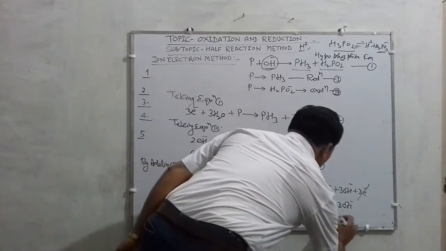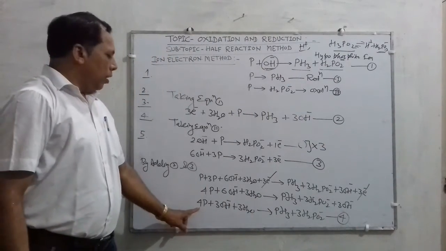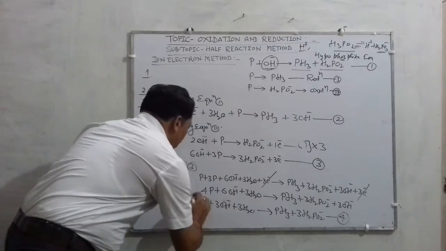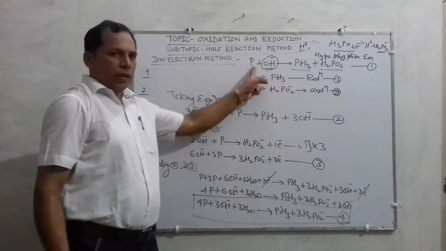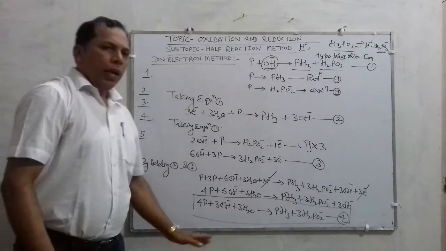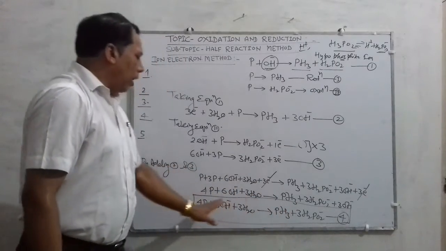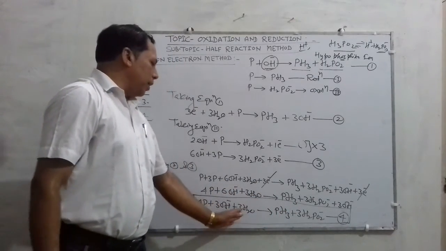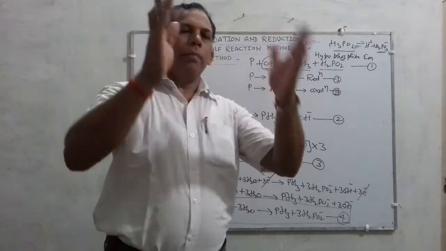So this equation 4, which I obtained, is the balanced chemical reaction of the given reaction. And you can verify very simply: if the number of atoms present in the reactant side and product side and the number of charges present in reactant and product are equal, then the reaction is said to be completely balanced.